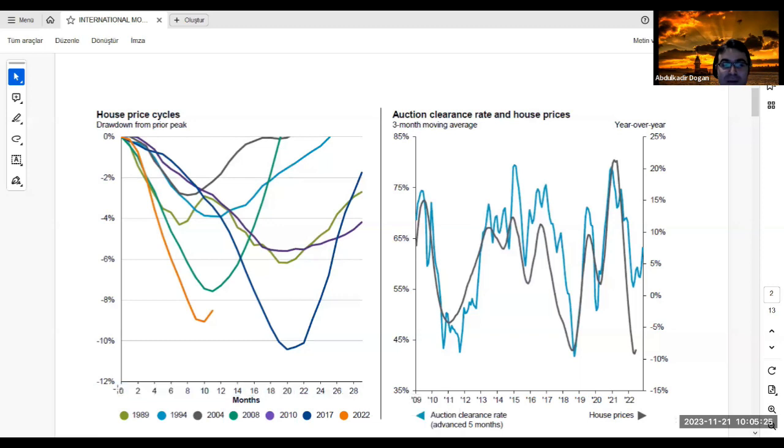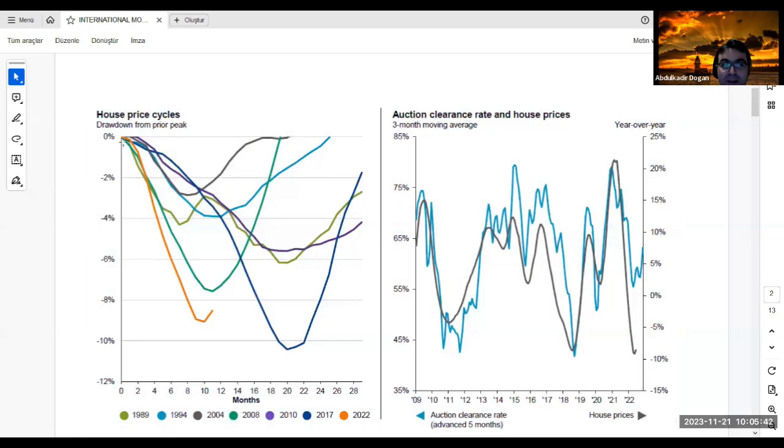If we are in 2008, this side is for 2008 and this side is for 2009. So you can follow the graphs and the lines according to the schedule.